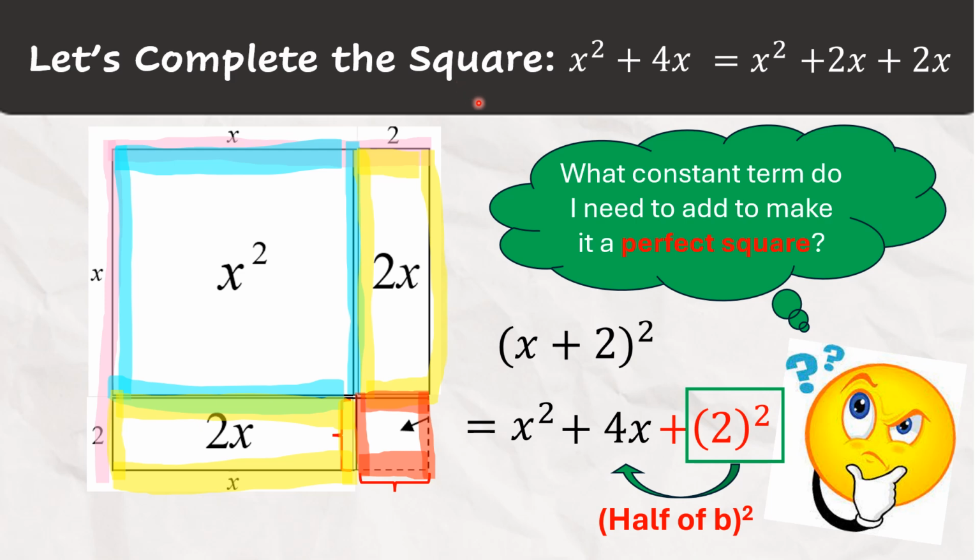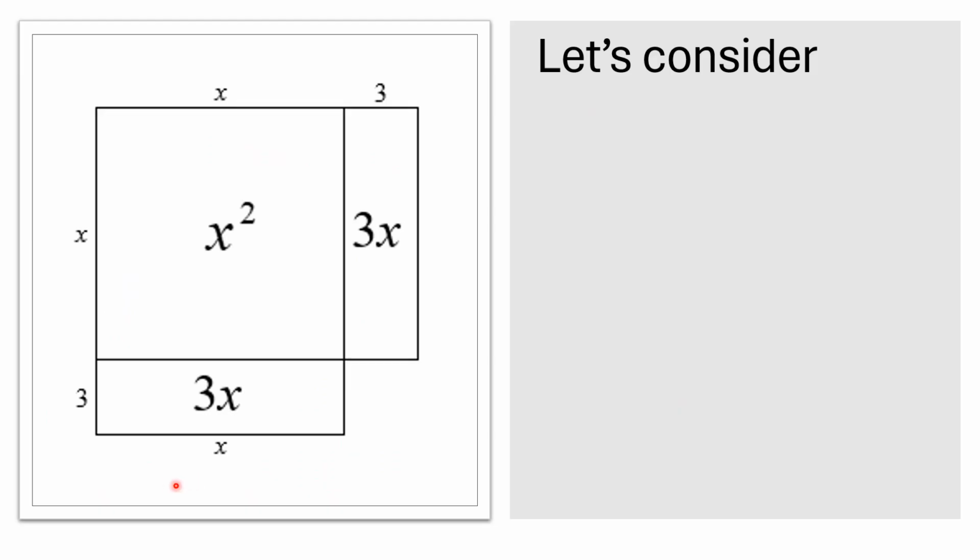Now I'm going to use a different approach to illustrate, so hopefully you get a better understanding of what completing the square means. Let's take a look at another example. Again, we are going to complete the square for this diagram. You notice that there is a missing piece. Here we have the area of this square, which is x squared.